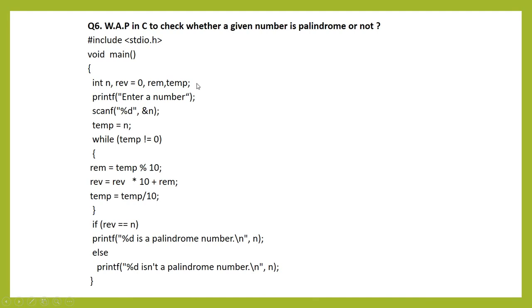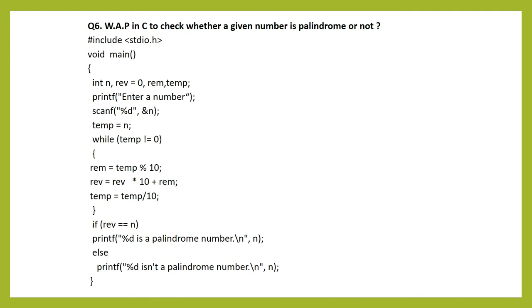Next program is the palindrome program. So what is a palindrome number? Just like the examples 131 or 272: you read it as 272 from the front and from the back side it should also read as 272.